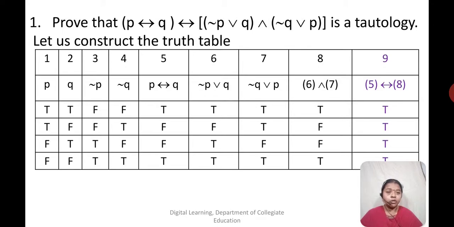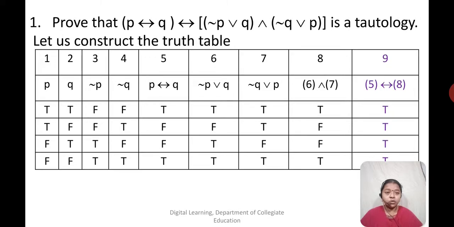Now when you look into the question, the first one is written in a bracket, the second one is written in a bracket. Both the brackets are connected by the logical connective if and only if. Now this double implication Q is there in column number 5. So in column number 9, below that I'll be writing column 5. And the next bigger bracket is taken as column number 8, which we have already solved.